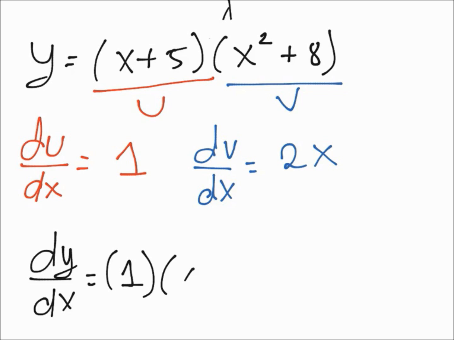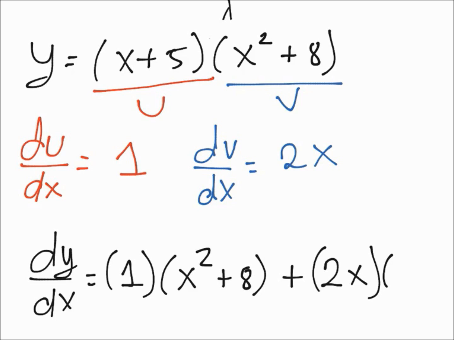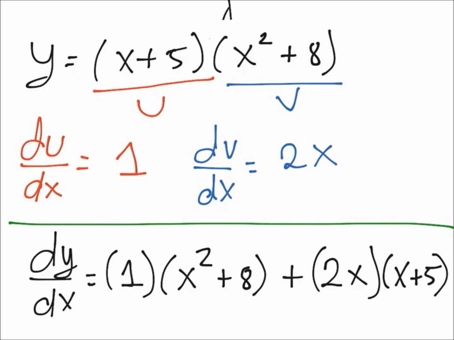So that's x squared plus 8 plus 2x times x plus 5. And that's what you get. You can simplify this further, but that's the derivative you obtain.